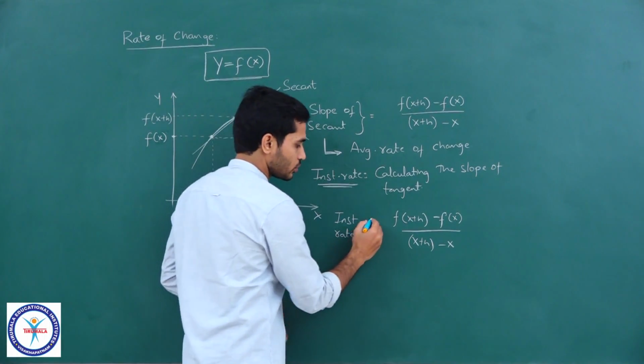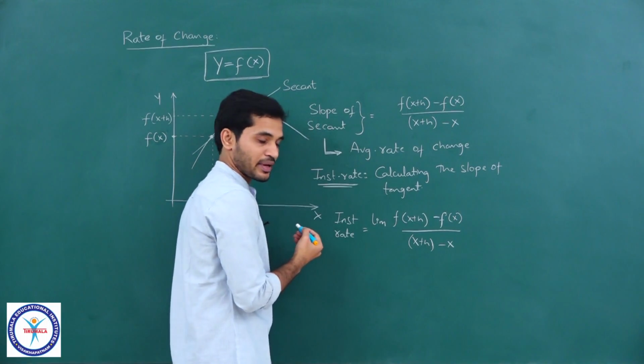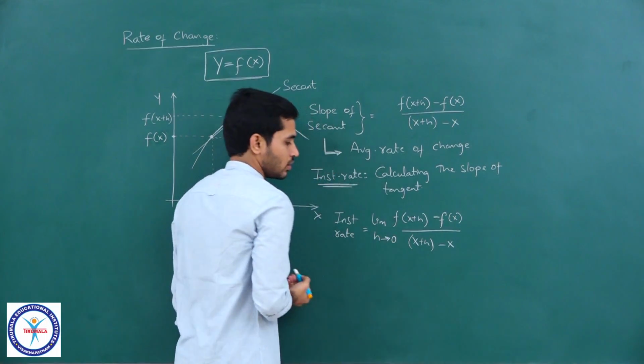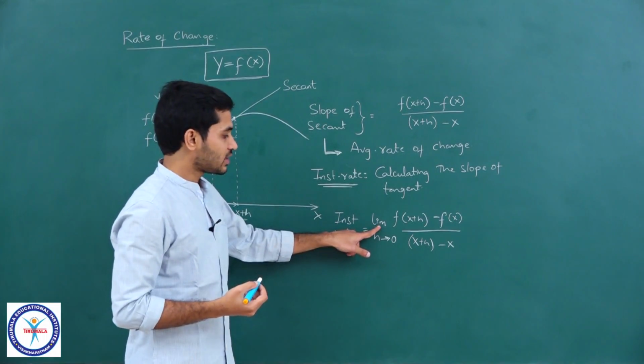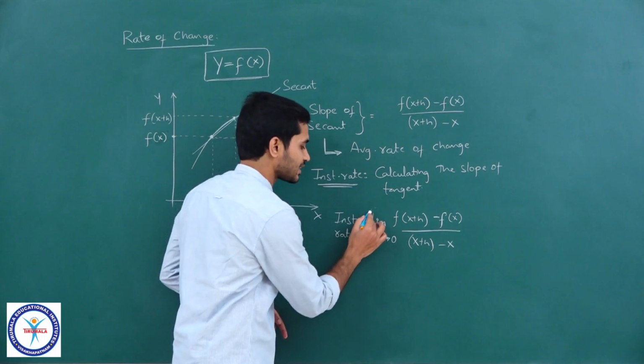So, what I am going to do here is something new to you. I am going to write a parameter here, please observe carefully. What I have written here is limit h tends to 0. That is how you should understand this.